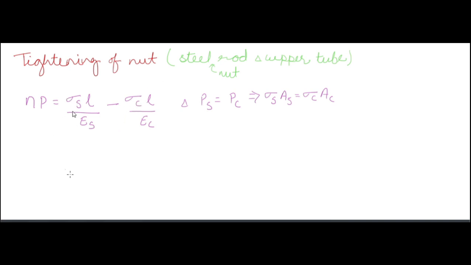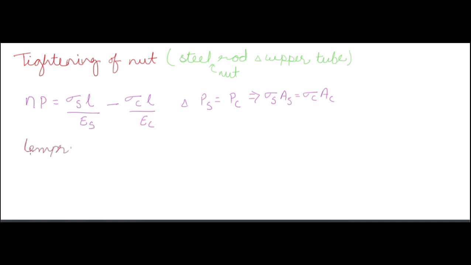Also, no other force is acting, so PS is equal to PC, meaning sigma S into AS is equal to sigma C into AC. Sigma S is the induced stress in steel and sigma C is the induced stress in copper. AS and AC are the areas of cross section of the steel and copper, and ES and EC are their moduli of elasticity. The length is the same for both.